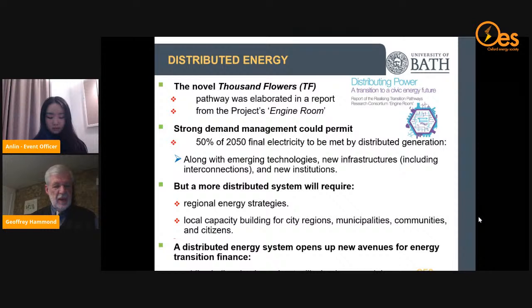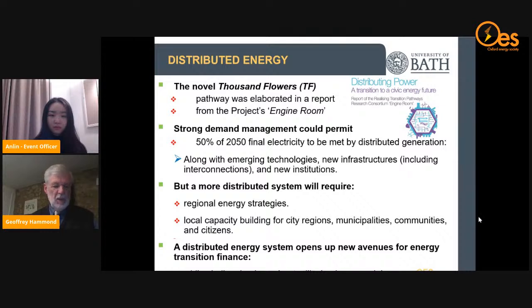As part of this, they elaborated what the components of this 1,000 flowers might look like. As I indicated, 50% of 2050 final electricity is going to come from distributed generation. And along with these, a number of emerging technologies, the sort of thing I've talked about in the two previous slides, you would need new infrastructure, including interconnectors to our neighbors in Europe.